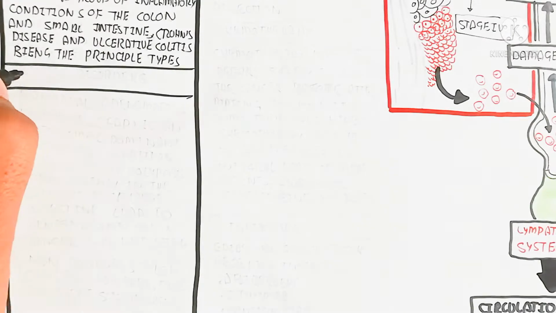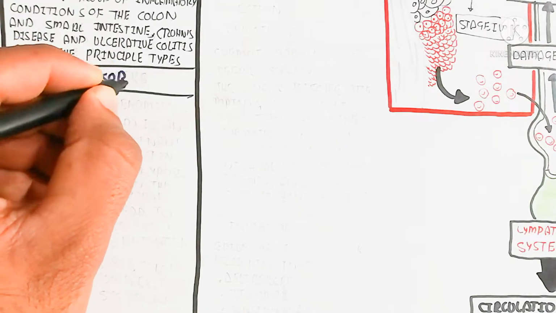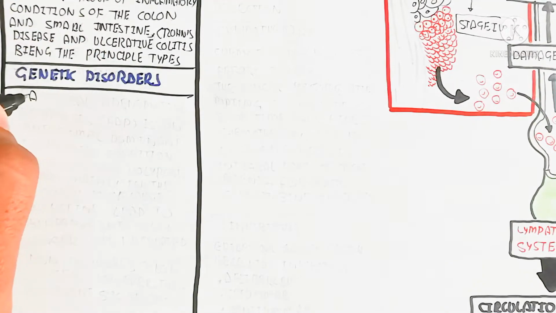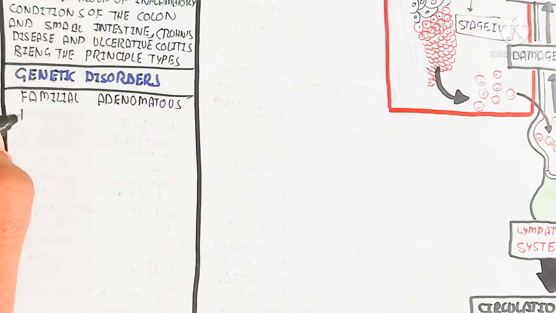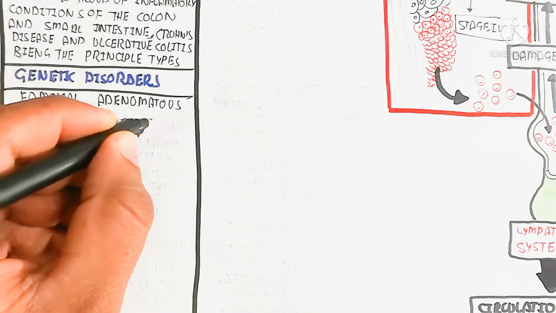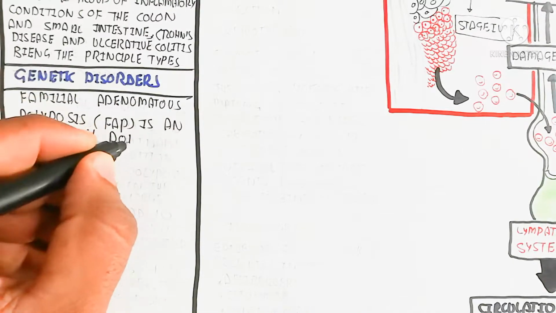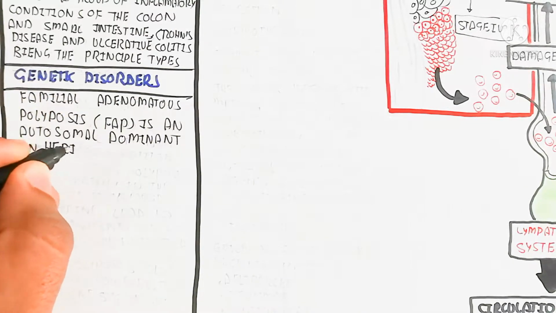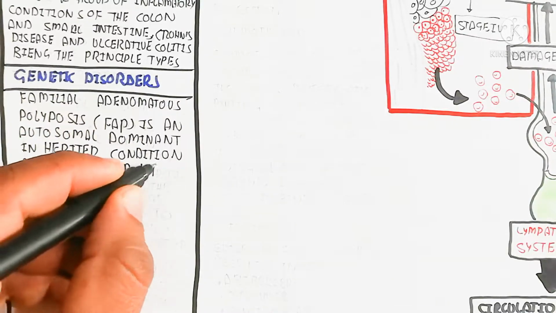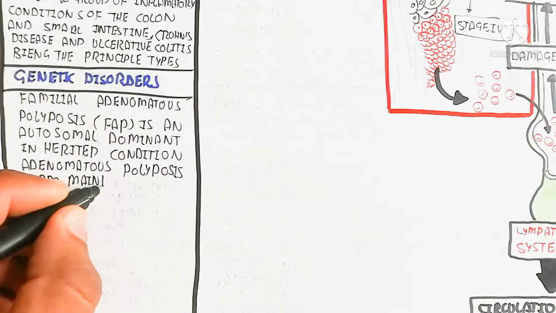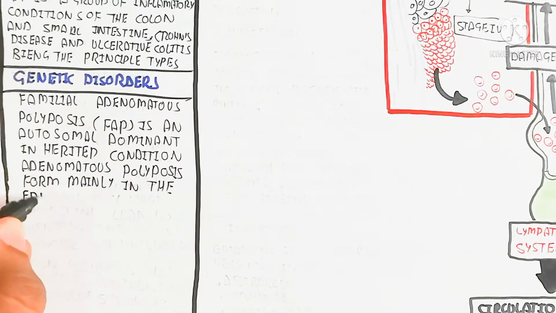While here are the genetic disorders. Genetic disorder means familial adenomatous polyposis. Familial adenomatous polyposis, FAP, is an inherited condition.